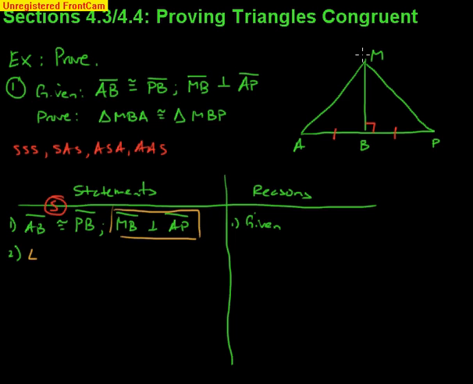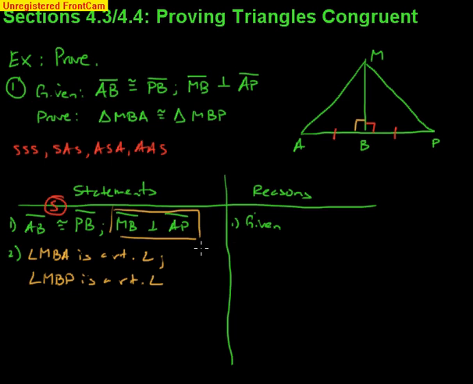From the left side, angle MBA is going to be a right angle, and the same thing with the other side, angle MBP. So angle MBA is a right angle, and angle MBP is a right angle.